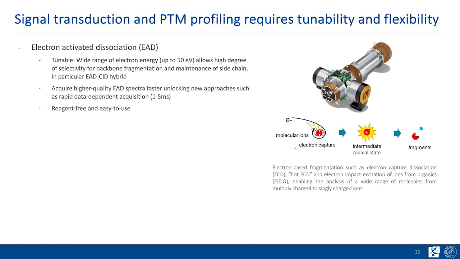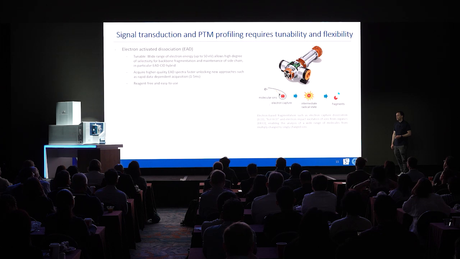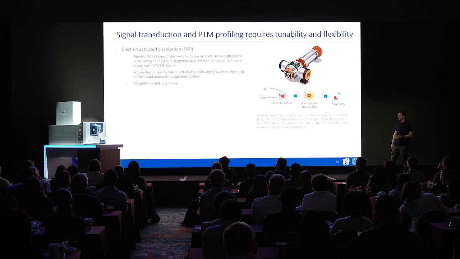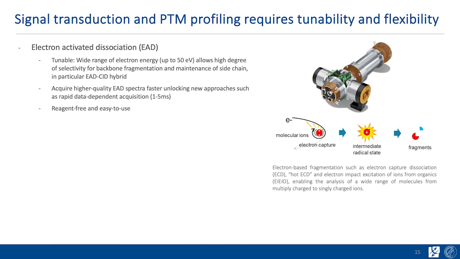So electron-activated dissociation is basically tunable ECD. You can decide what kinetic energy you want to give to your electrons, and you can specify how much you fragment any kind of molecule. This kind of fragmentation is really fast, so it can be done in less than 5 milliseconds, and 5 milliseconds typically works really well as a reaction time.